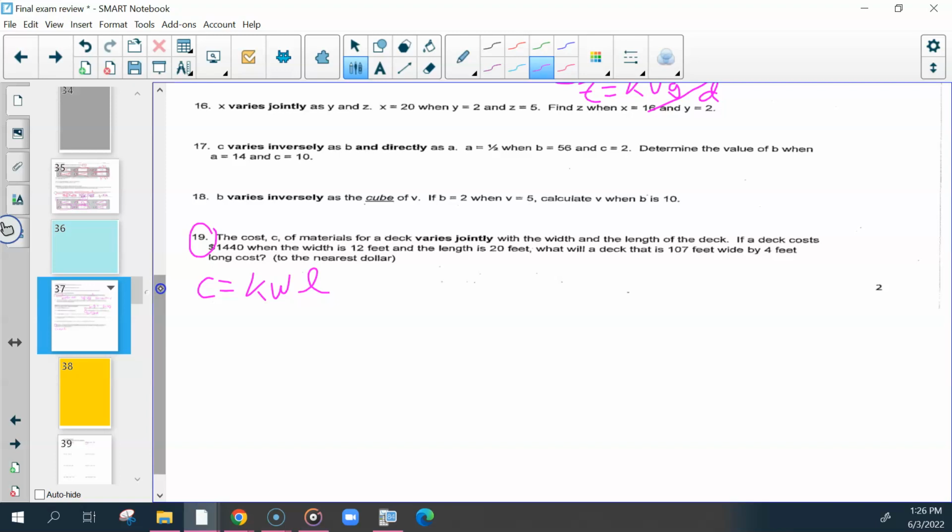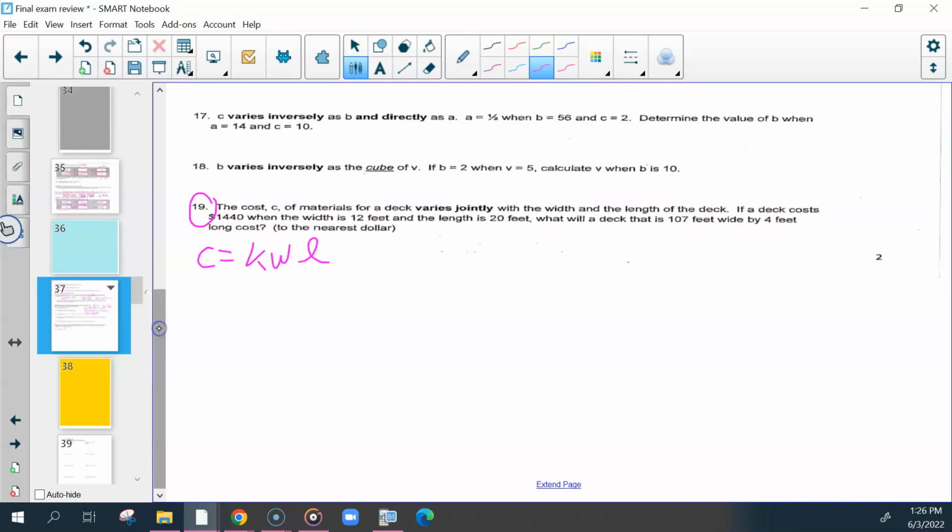We're going to put all those numbers in and see what we need to solve for. So we know the net cost is $14.40. We are not given our value of k, but we know the width is 12 and the length is 20. So we can solve for k.